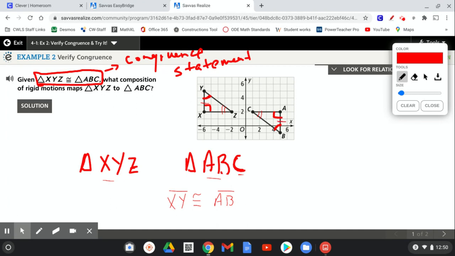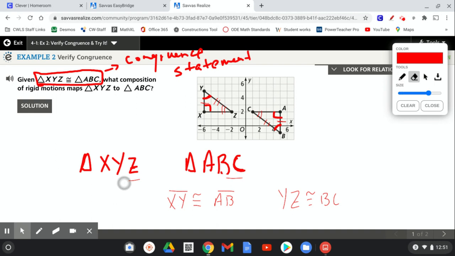Next, I have YZ and BC. So YZ is congruent to BC. On the picture, I'm going to put 2 marks on YZ, congruent to BC, 2 marks there.